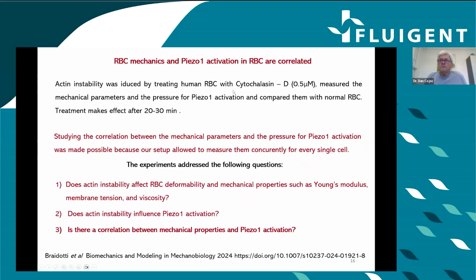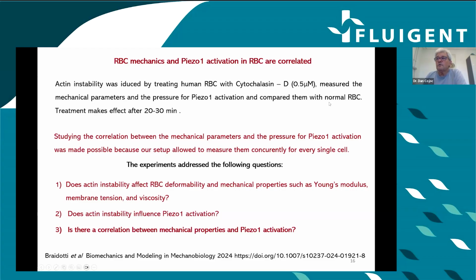Okay, now we studied the correlation between mechanics and Piezo1 activation, because we had the chance to have these values together for the single cell. So we could study a correlation. First, we induce an actin instability by treating human red blood cells with cytochalasin at low concentration, and measure the mechanical parameters and the pressure for Piezo1 activation.